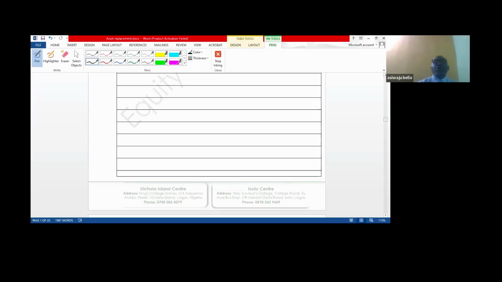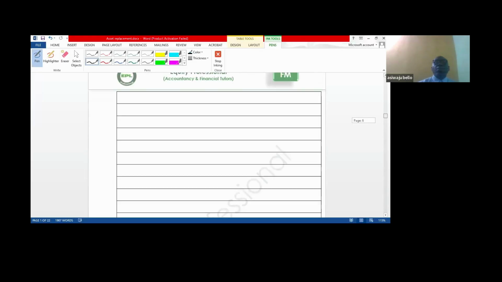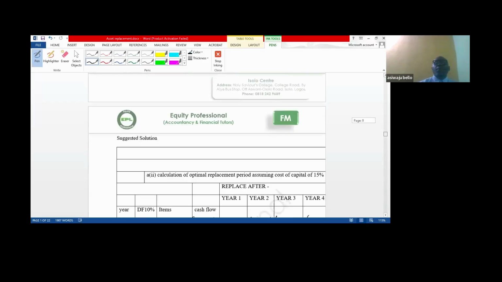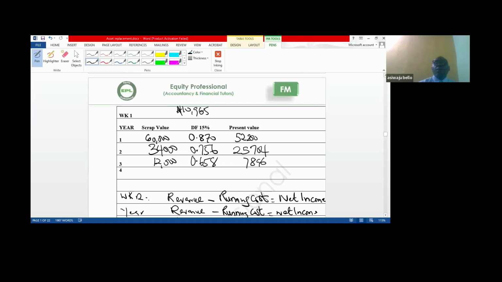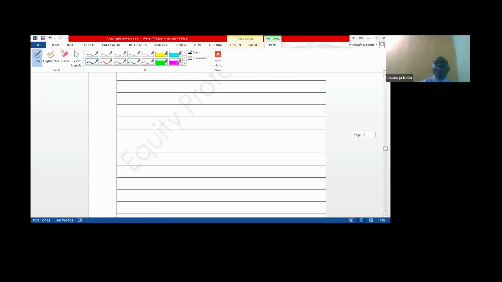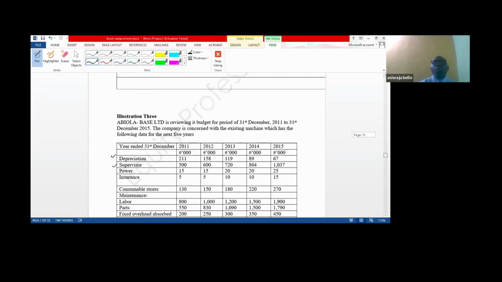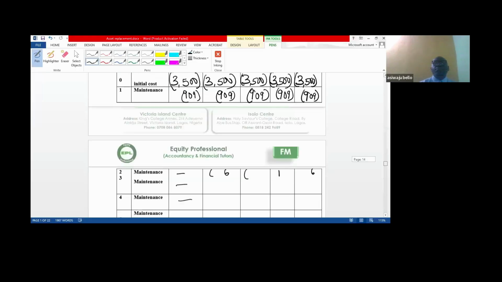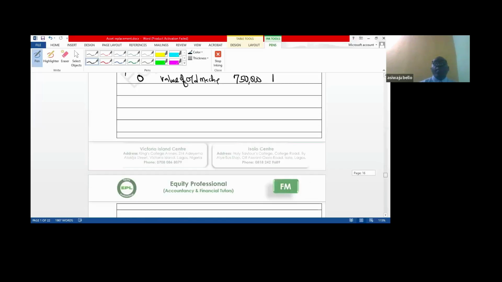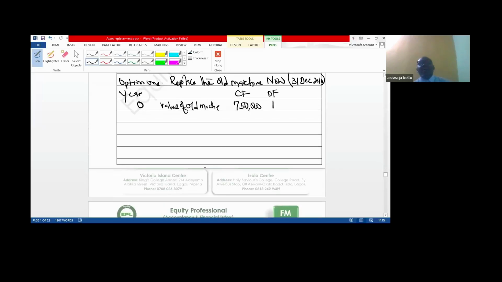So I can replace now. If you replace now, we now introduce the new assets. Look at it.